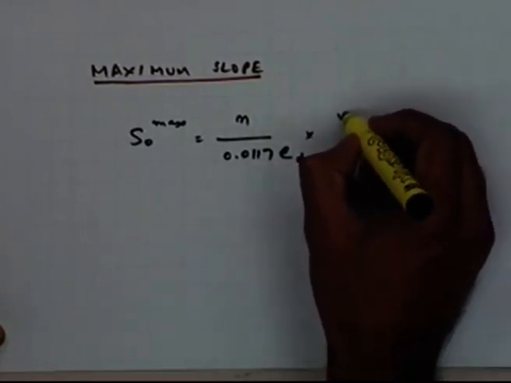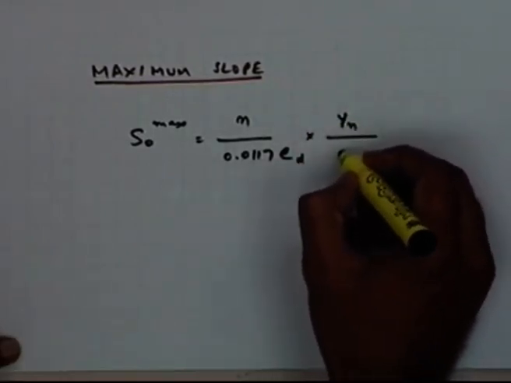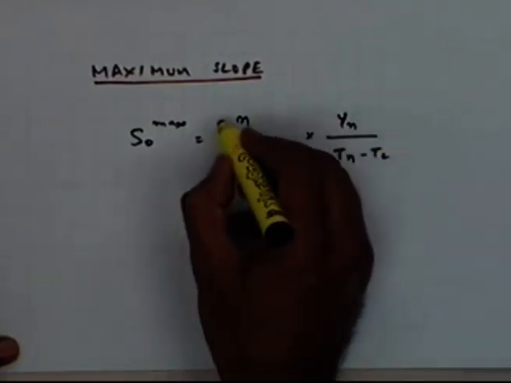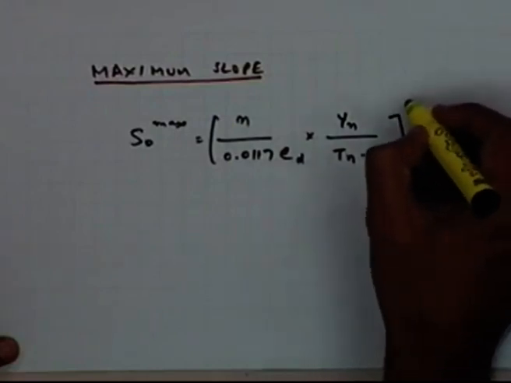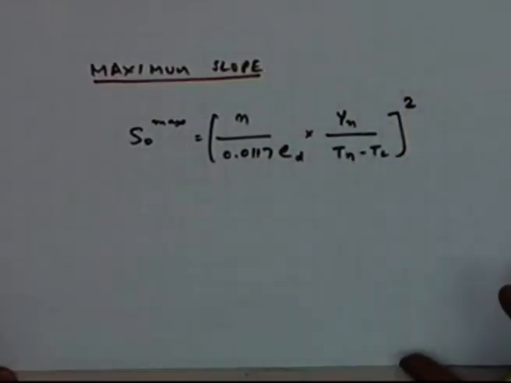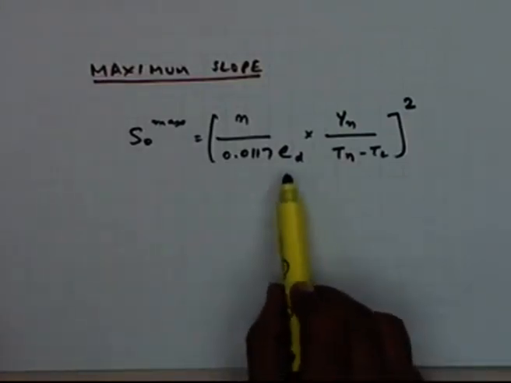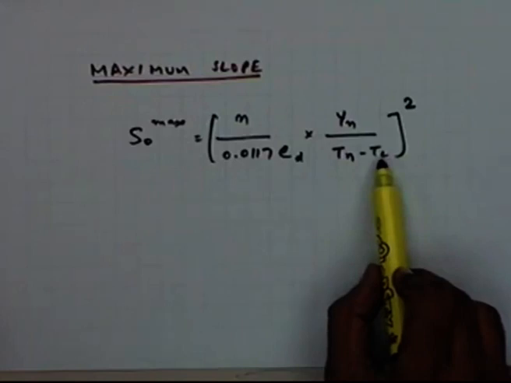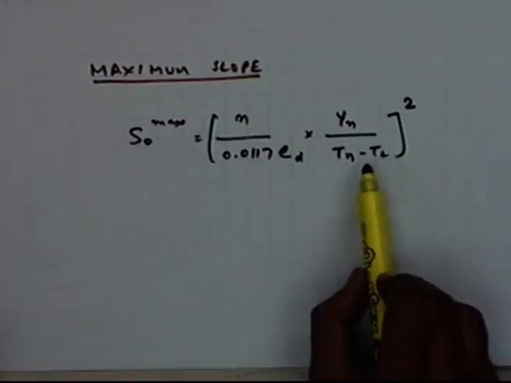So all these terms, the Tn is the net time and TL is the lag time, which we have already seen in the previous class.